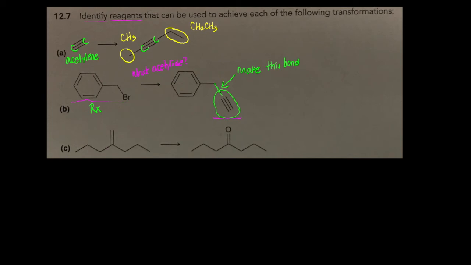And it says identify reagents. We could use anything we want. How about this? There's definitely something going on. Count the carbons. There's a C with some hydrogens there, and it's gone. So we're missing a carbon.